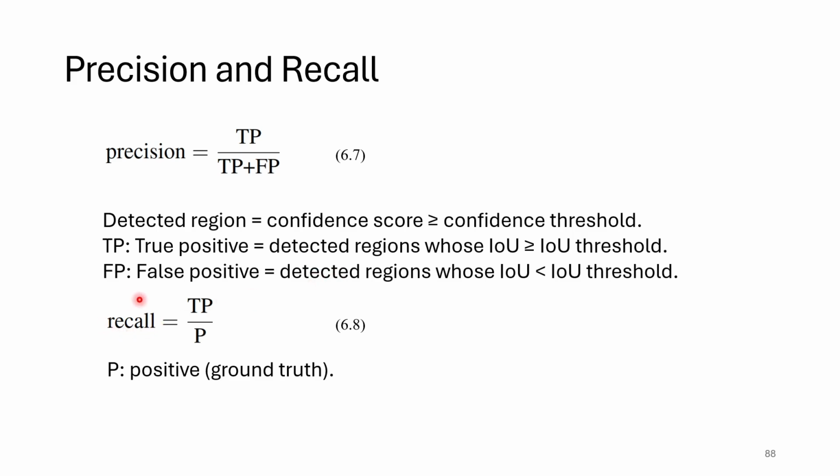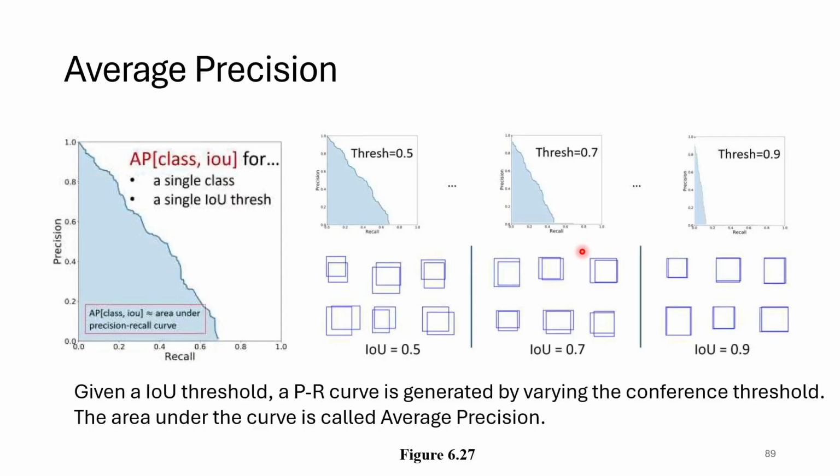And the recall is the number of true positives divided by the number of ground truth positives. So it is affected by what? The IOU threshold.